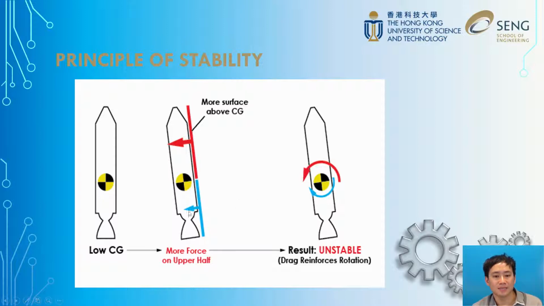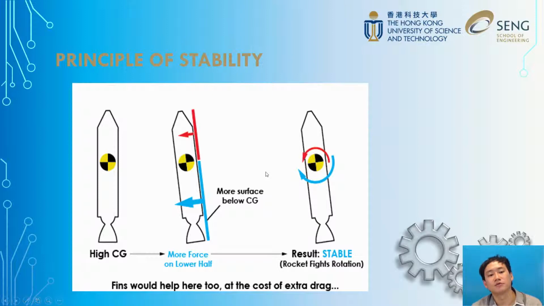If we put in a fin, or a stabilizing fin, towards the end of the rocket, then the projected area will be a lot larger, and the air particles will hit a larger area towards the end, which increases the magnitude of this restoring force. And if the fin is large enough, then this restoring moment will be larger than the overturning moment. And this is a second way to achieve stability, to achieve a stable condition in the rocket situation.